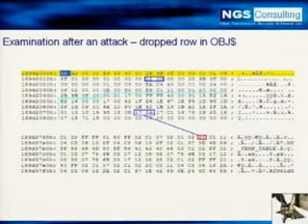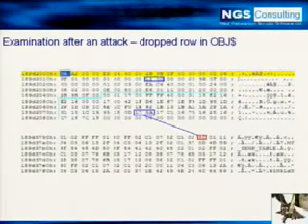So after we think we've been compromised, we open up the system DBF file and start going through each data block that is owned by this object ID here, which is the object ID for the OBJ dollar table.